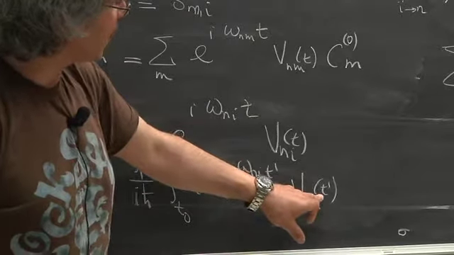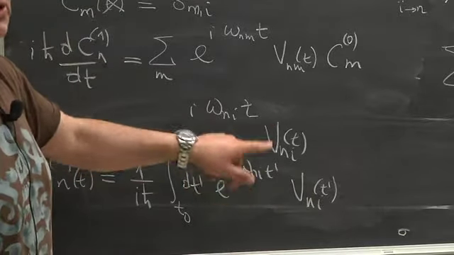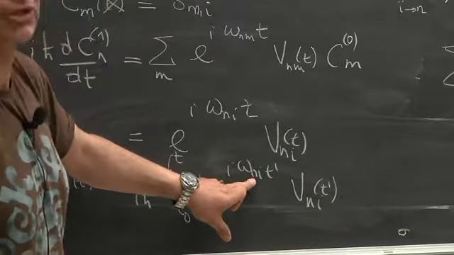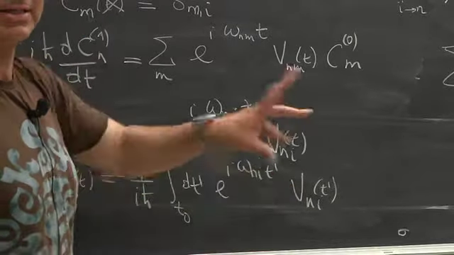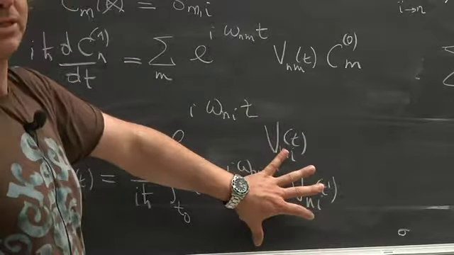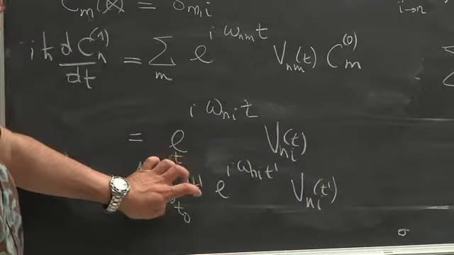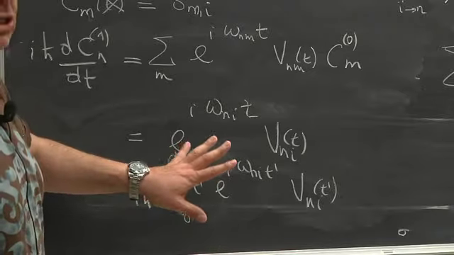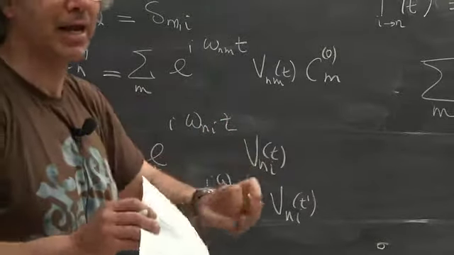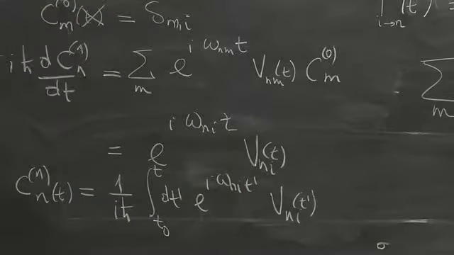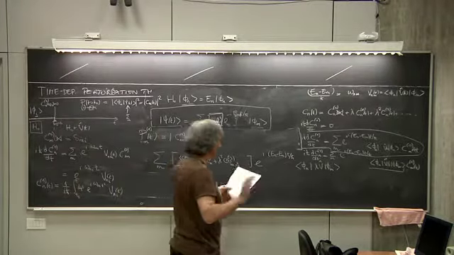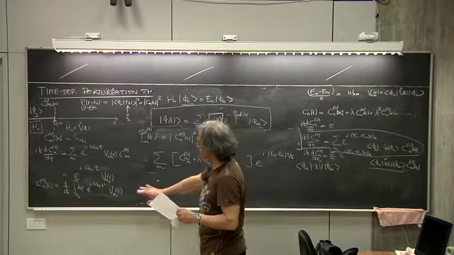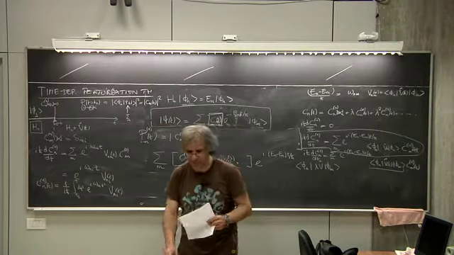But if this function of time has a frequency in it, which is exactly this, maybe with a minus sign, then this phase dependence cancels exactly, and this becomes a constant. And therefore, this increases linearly in time. Okay? So this is the most convenient thing for growing of probabilities, when the phase is really compensating in the two terms. Okay? So in any case, we'll see this later on. Just make sure you have an eye for that.